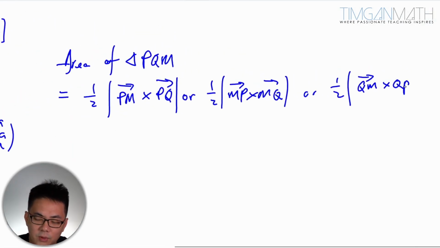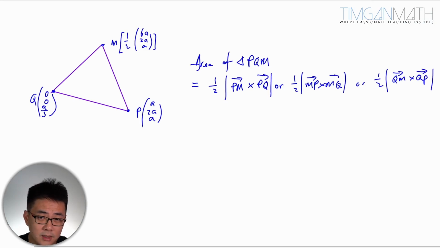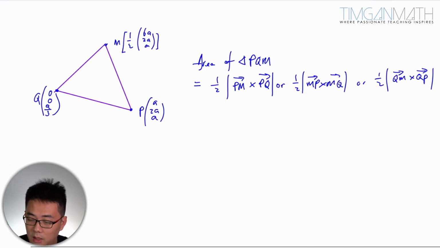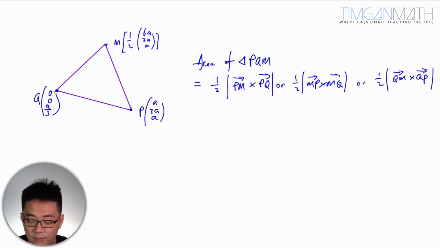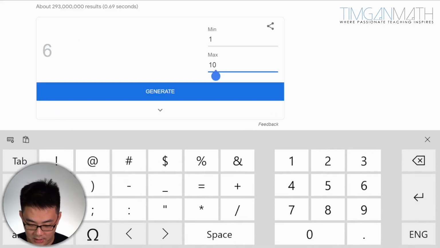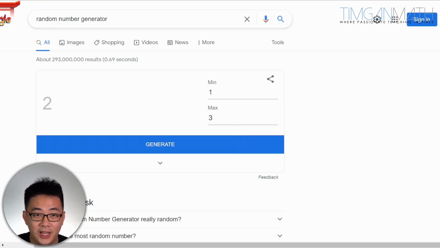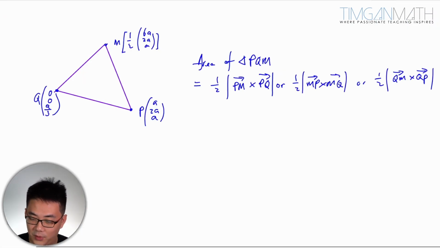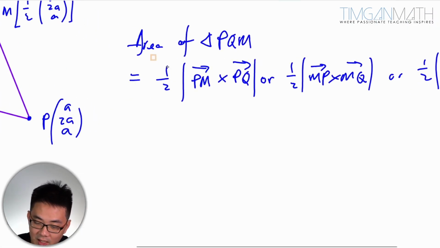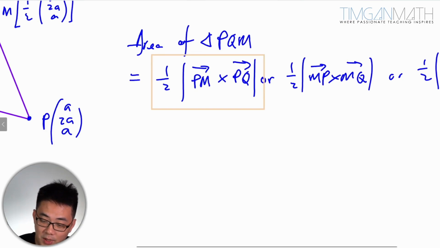It really doesn't matter which one you pick. You should get the same answer. So typically what I'll do is I'm just going to randomly pick one of them. I'm just going to use Google number random generator. So here what I'm going to do is just 1, 2, 3, randomize it, just generate, and pick the first equation. So I'm going to use this. It really doesn't matter which one you pick.